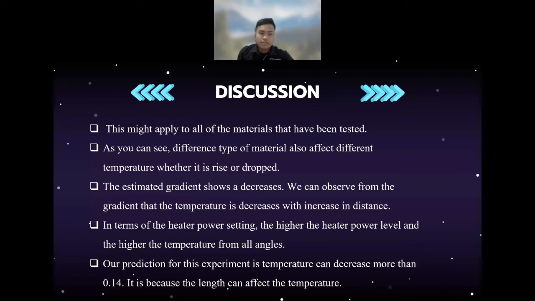We can observe from the gradient that the temperature decreases with increase in distance. Next, in terms of the heater power setting, the higher the heater power level, the higher the temperature for all angles. Lastly, our prediction for this experiment is that temperature can decrease more than 0.14, because the length can affect the temperature. That's all from me. Thank you.